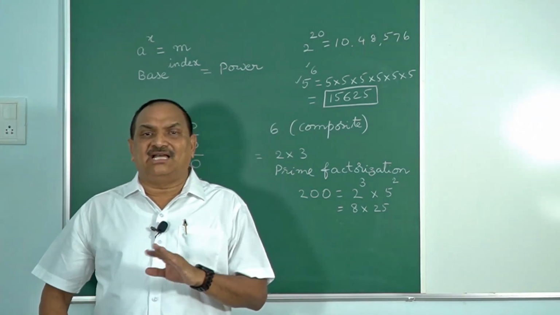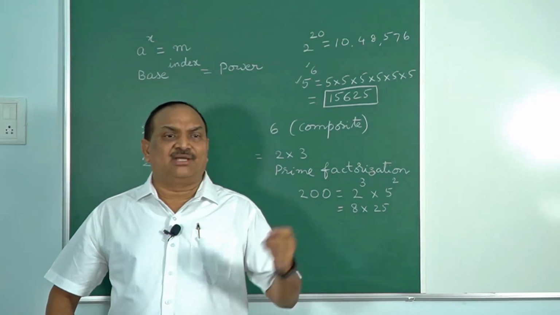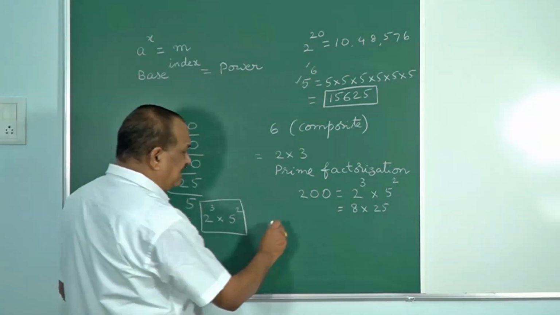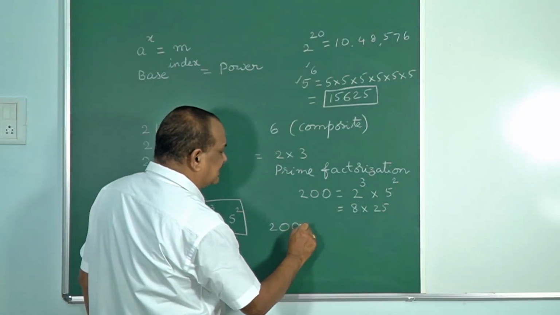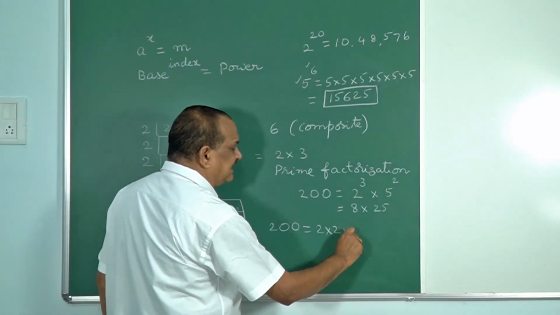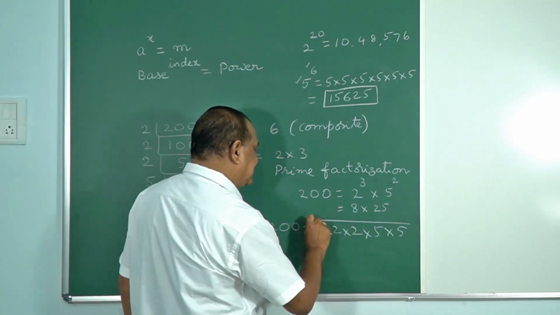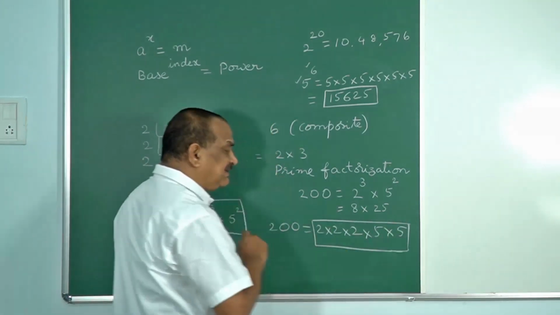The only thing is the order might change, because you can write 5 this side, 2 that side, whatever it is. So if you are writing 200, obviously you have 2 three times and 5 two times, and this is unique.